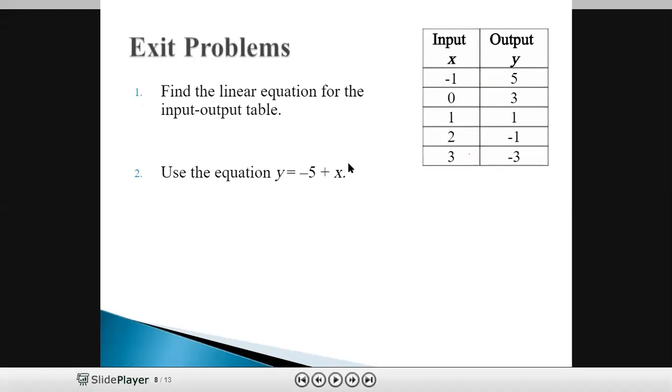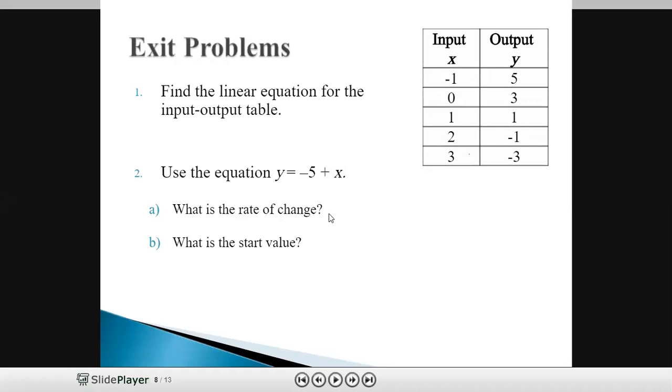Okay, so in this question, we used the equation, we found the linear equation for the input and the output. Now use the equation here. What is the rate of change? This is something else. In this question, if you have the equation and we want to solve here, what is the rate of change?